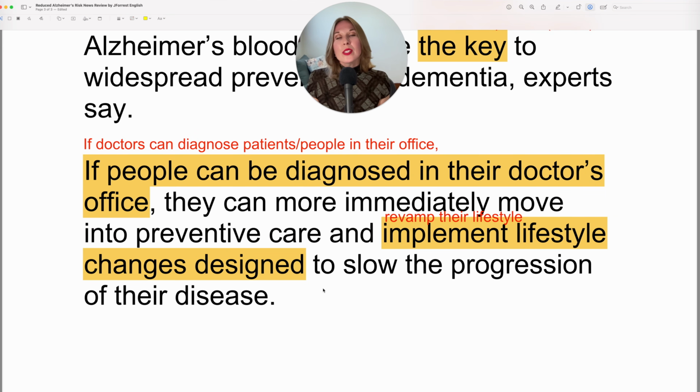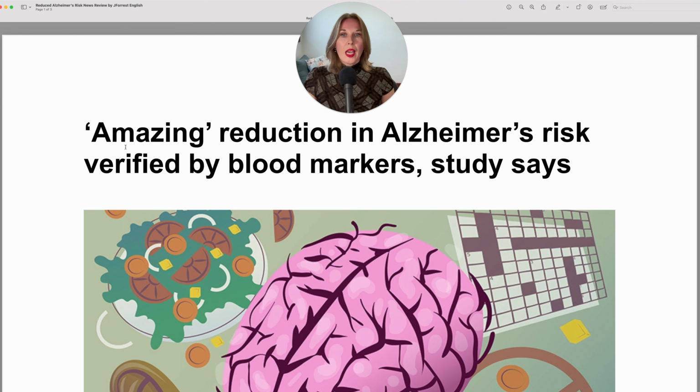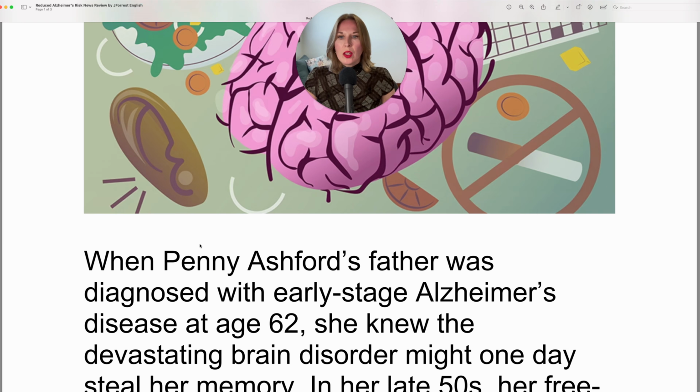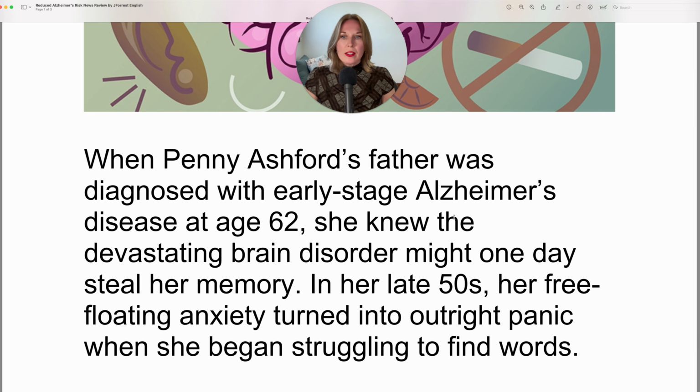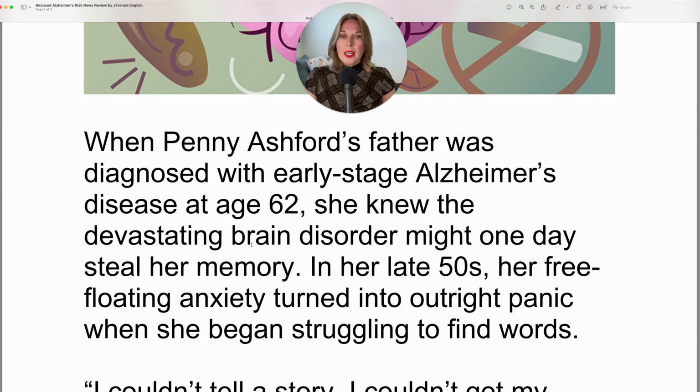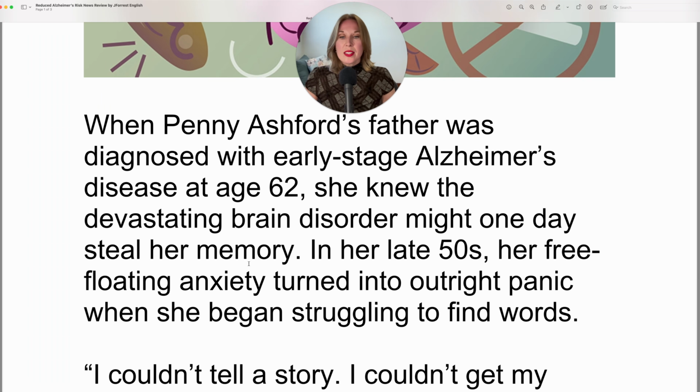So what I'll do now is I'll read the article from start to finish and you can focus on my pronunciation. Amazing reduction in Alzheimer's risk verified by blood markers, study says. When Penny Ashford's father was diagnosed with early-stage Alzheimer's disease at age 62, she knew the devastating brain disorder might one day steal her memory.